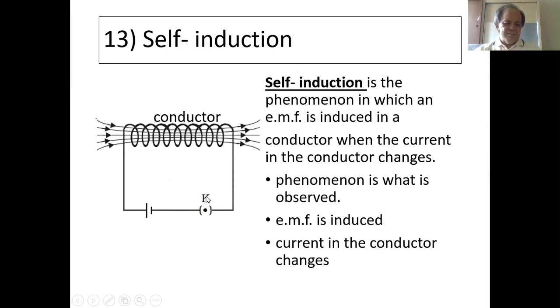You close your switch, the current will flow. The electrons take time to move, so the current will start to increase. The current produces a magnetic field, and the magnetic field produces a magnetic flux. So the flux is changing across the coil itself, so you have induced EMF.